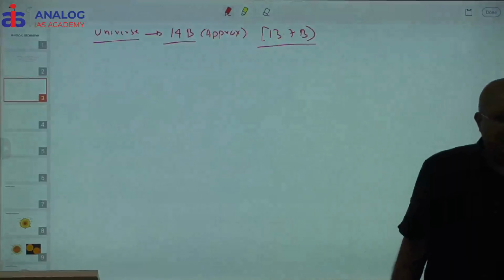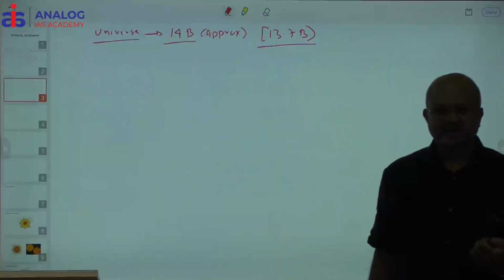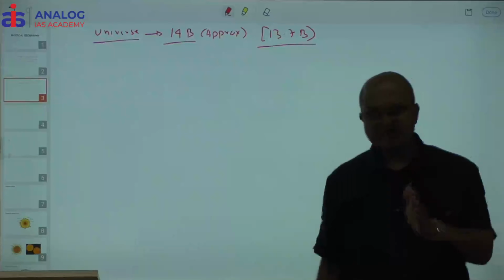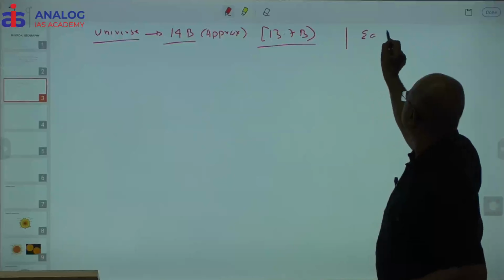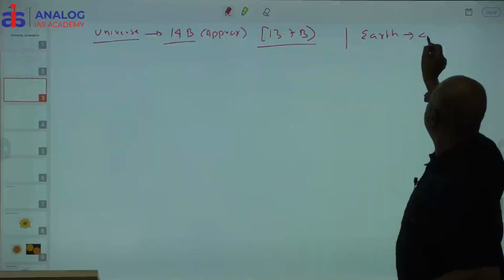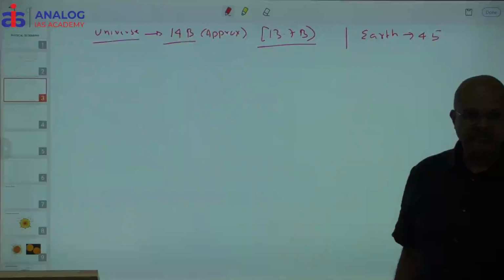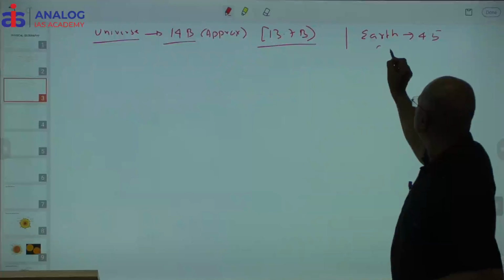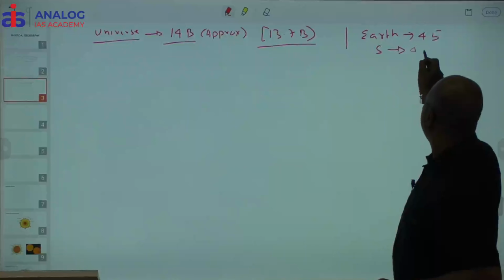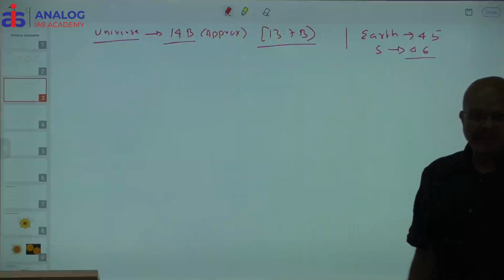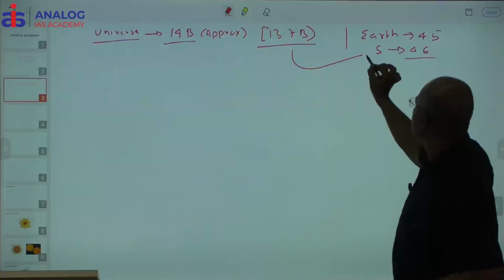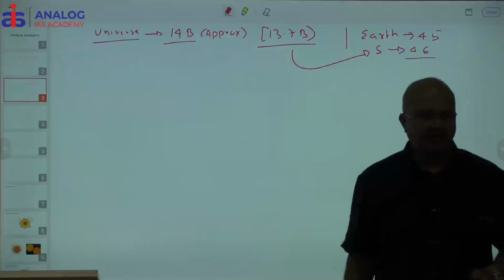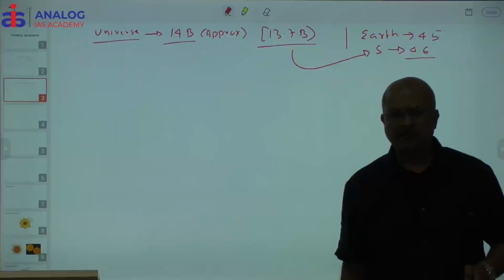Now, what is the age of our solar system? Say about 5 billion. What is the age of the sun? 4.6 billion. It means that after the universe, our solar system formed.